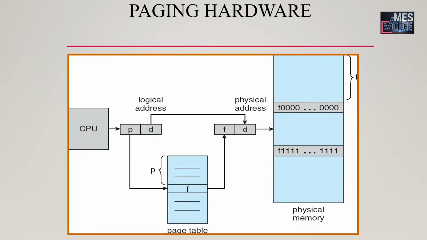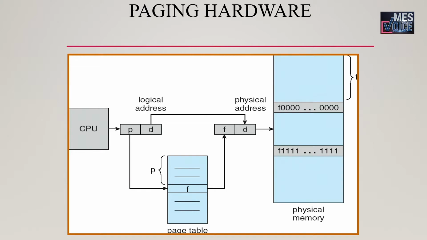This is the pictorial representation of paging hardware. Here we can see the logical address generated by the CPU, and this logical address is divided into two parts. One is the page number and the other is the displacement, which is represented by the letter d.